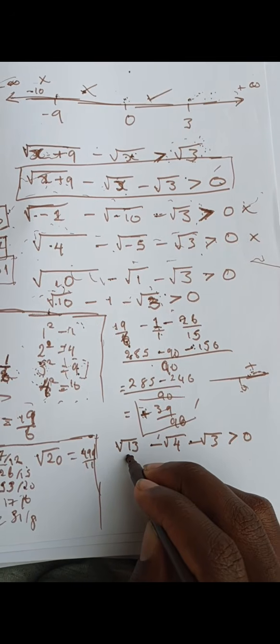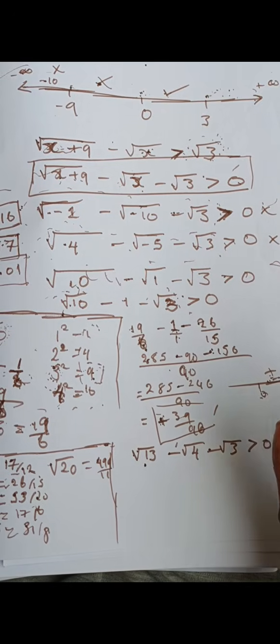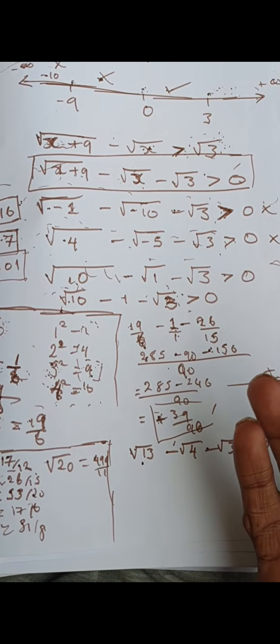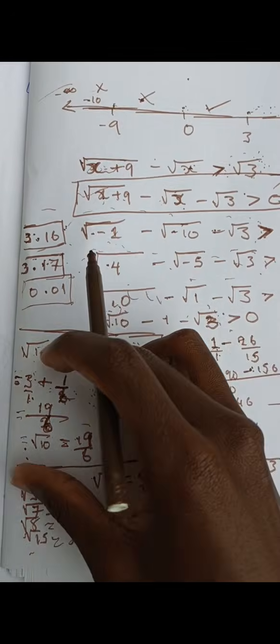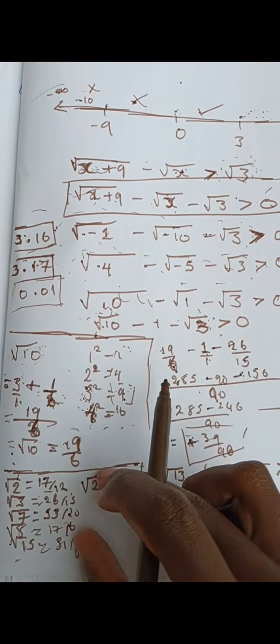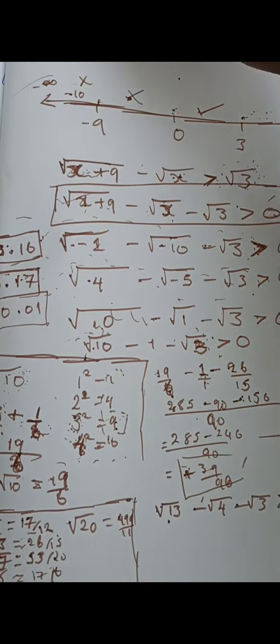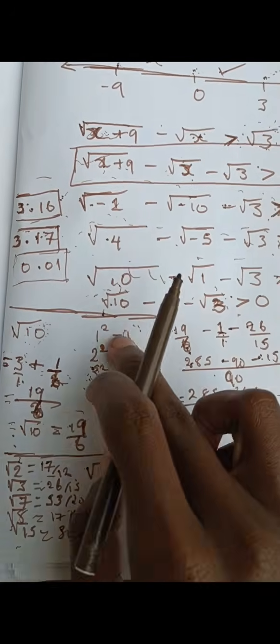So square root of 13 is something that can be found. Yes, square root of 13, this method I showed you can work, as long as the number is not here.